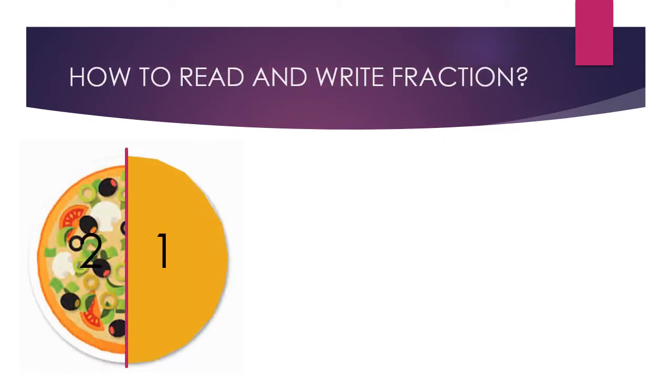If I have a pizza and I cut it into 2 pieces, and I ate 1 piece, so here I ate 1 over 2. What's the meaning of 1 over 2? 1 is the number I ate. 2 is the total number of pieces of pizza.